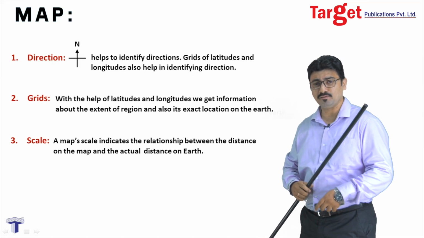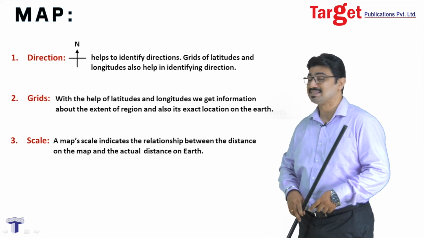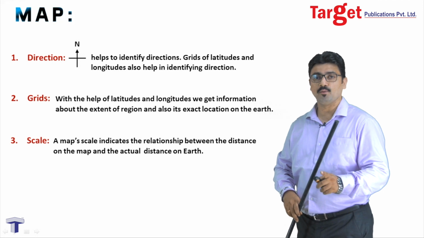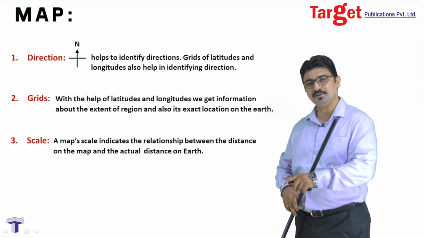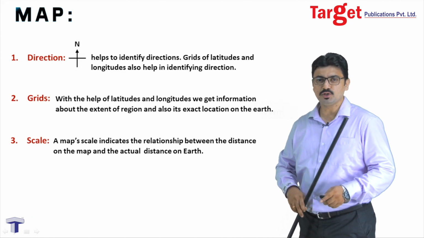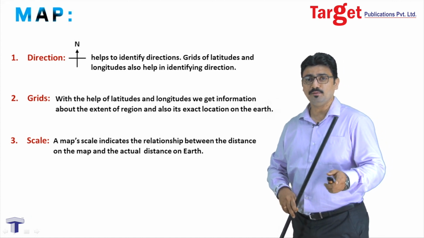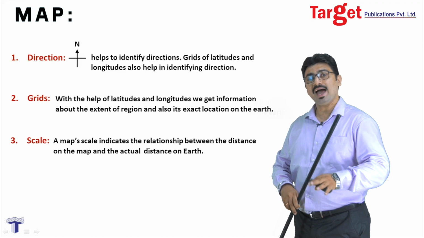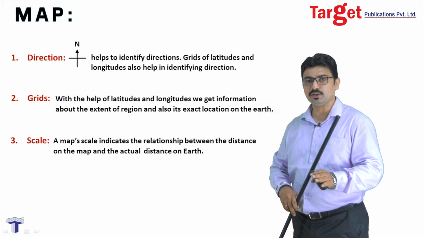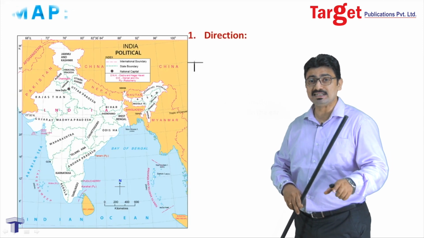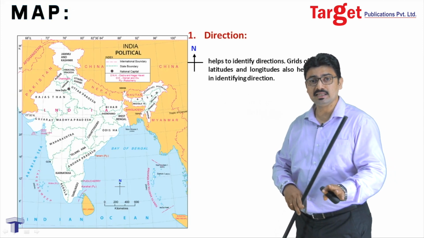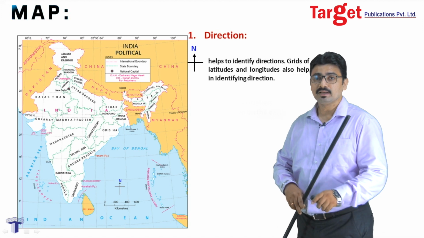The next important feature that we come across is scale. As I said, scale is very important to show a particular region at the required size on the map. Obviously, we do not show the actual size, right? How can we represent even a city at actual size? So we reduce it and show it. But what scale is used? How proportional it is to the actual distances is determined with the help of the scale.